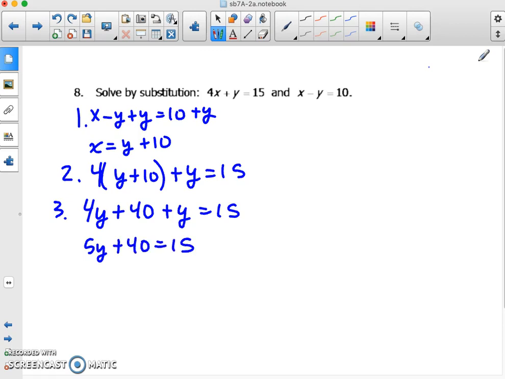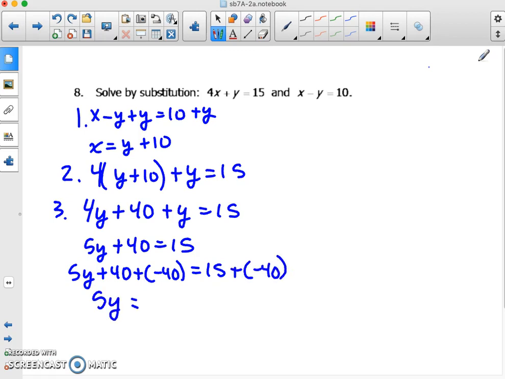I'm going to add a negative 40 to both sides. So 5y equals, oh, I'm sorry, negative 25.